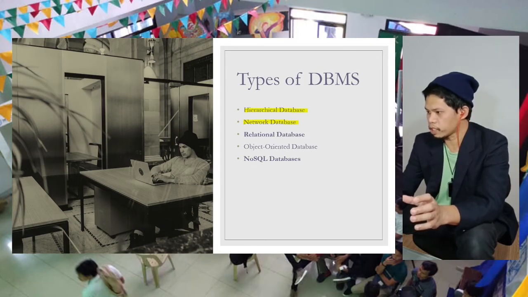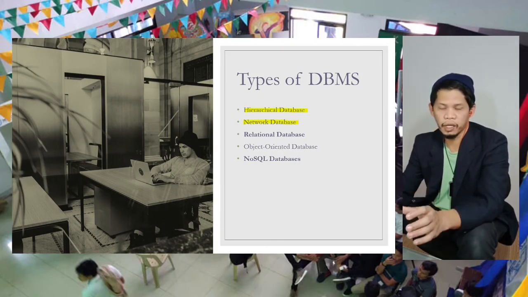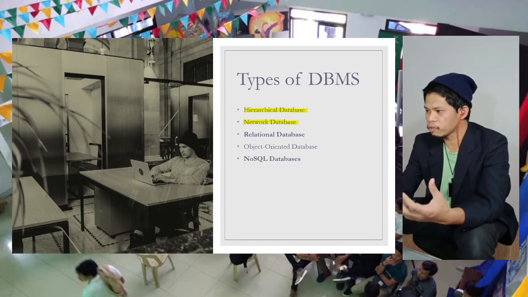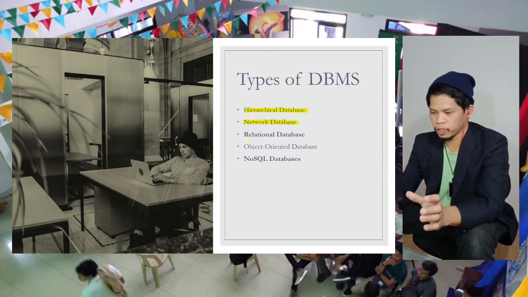In this model, entities are organized in a graph which can be accessed through several paths. And because of this, it introduces more complexity, which introduces the new model, which is relational database.